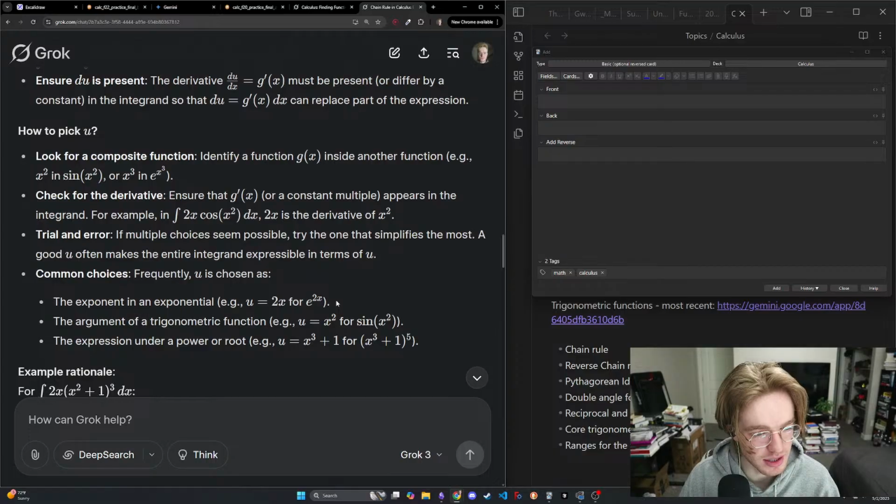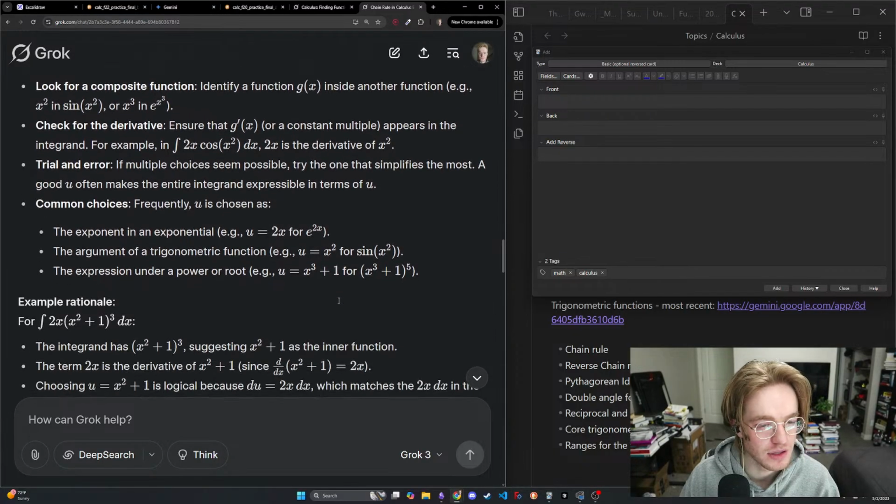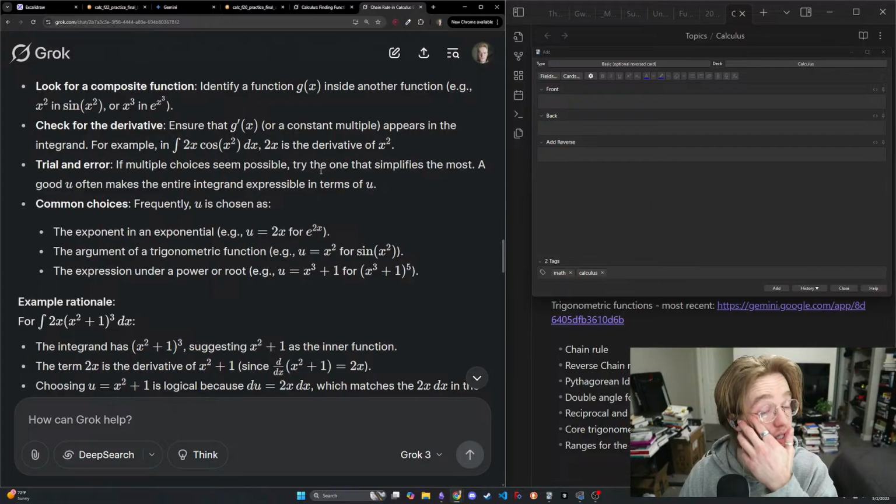Look for a composite function, identify a function g of x inside another function, like x squared in sine of x squared, or x cubed in e to the x cubed. Ensure that g prime or a constant multiple appears in the integrand, for example, in the integral of 2x cosine x squared dx, 2x is the derivative of x squared.